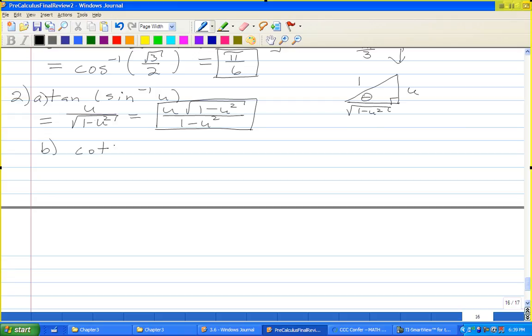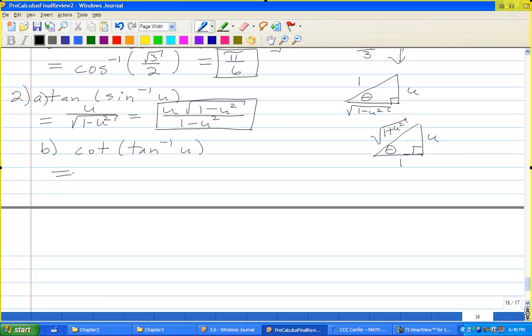Cotangent of arctan of u. And so I have here tangent of theta is u, and so this is rad 1 plus u squared.